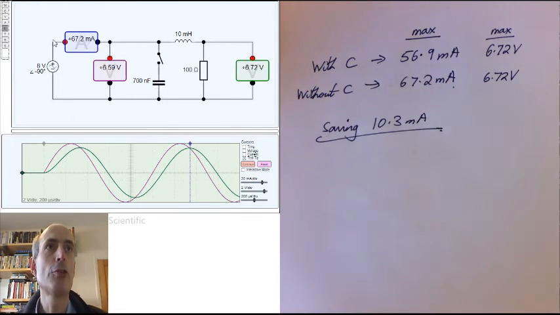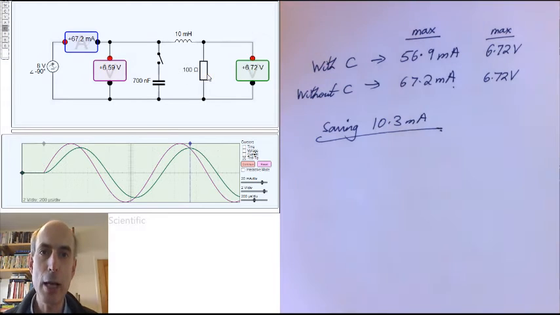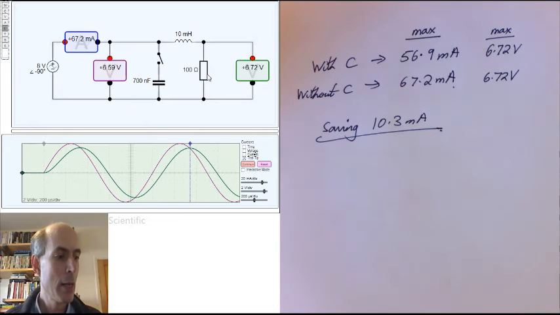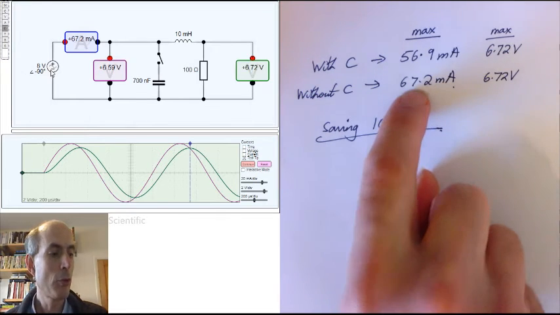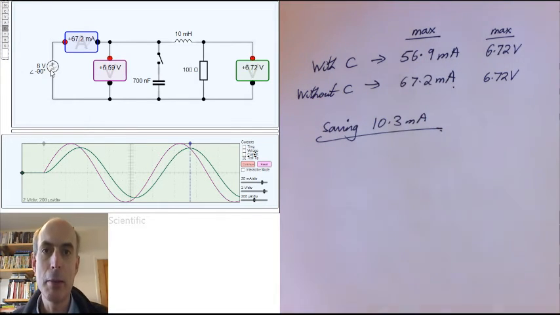Exactly the same voltage across the resistor, and therefore exactly the same amount of useful work being done by our circuit, and yet we've dropped the current required from our source from 67.2 to 56.9 milliamps.